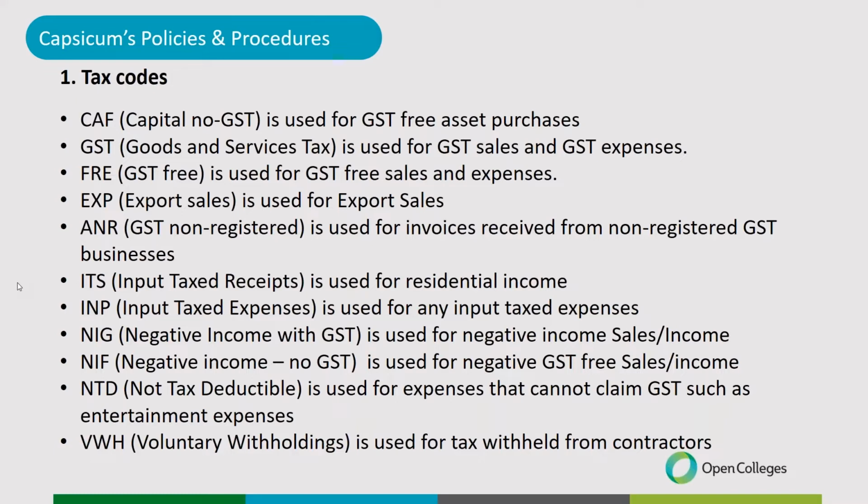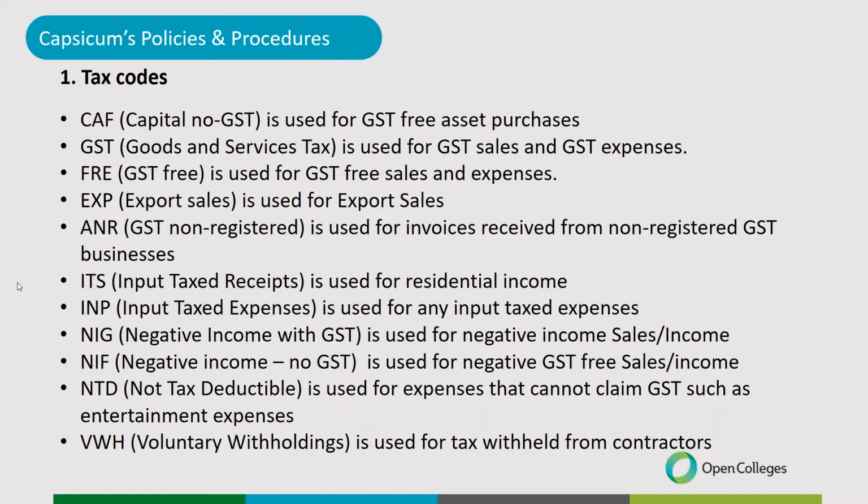ANR is for GST non-registered. If you're given an invoice and that item or service is subject to GST, but GST is not charged, and the invoice says not tax invoice, just invoice, then that business is not registered for GST.